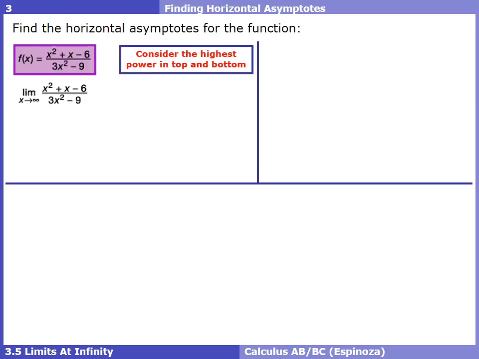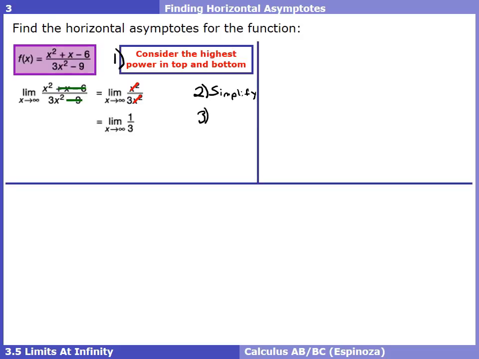So the very first step, which I'll label here as step 1, is to only consider the highest power in the top and the bottom. Now that we did that, the second step that you should have observed in that last example is we need to simplify. And usually there will be something to simplify. If we simplify this expression, we'll just be left with 1/3.